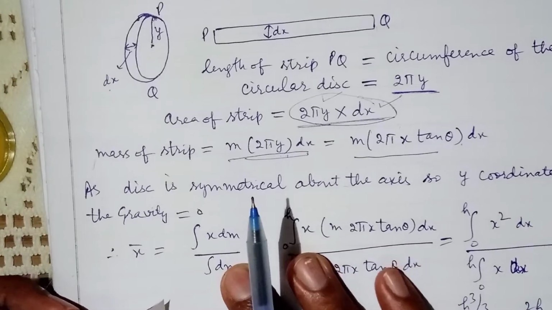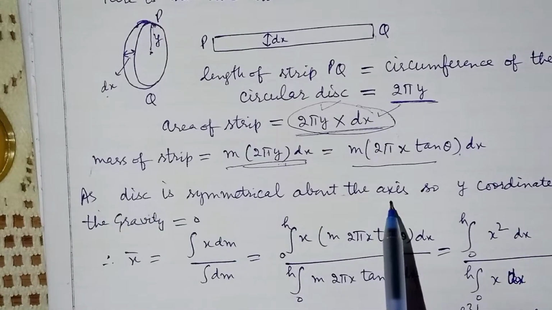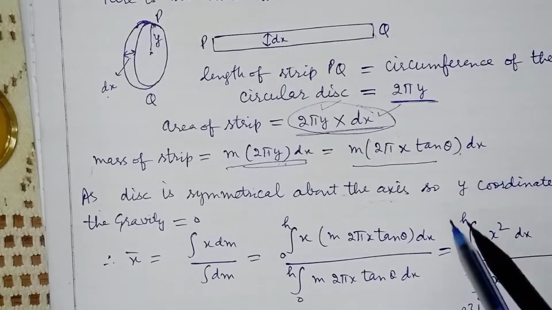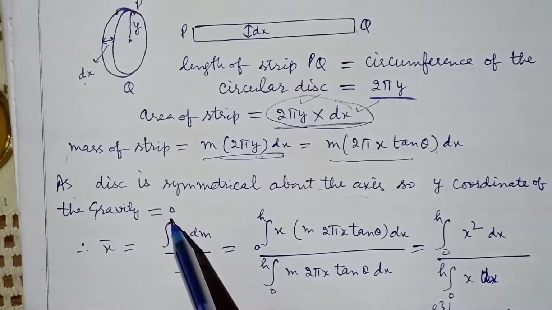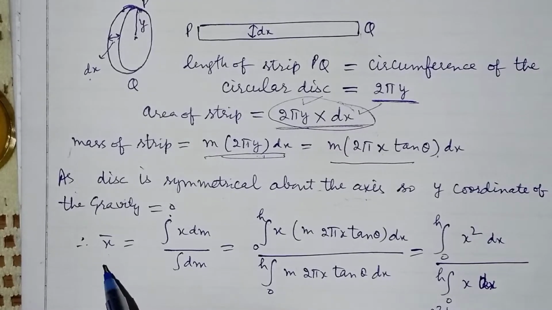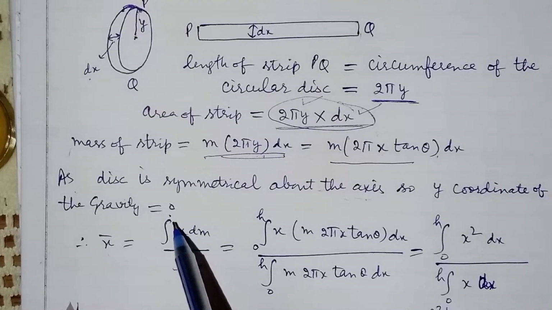Now, as the disk is symmetrical about the axis of the cone, you can see here the disk is symmetrical about axis of the cone. So y coordinate of the gravity is 0, right? We have to find only the x component of the gravity, and you all know that the x component has the relation x bar equal to integral x dm divided by integral dm.